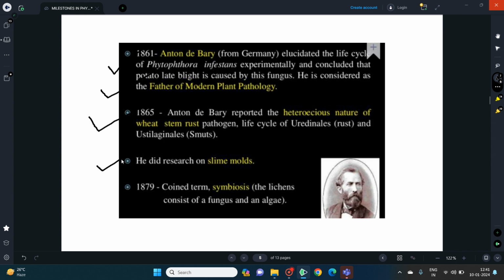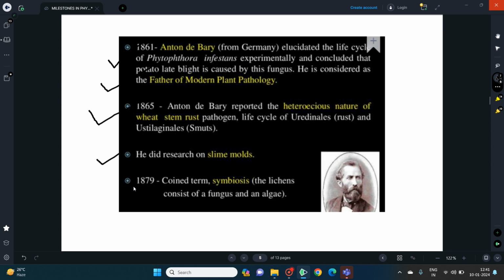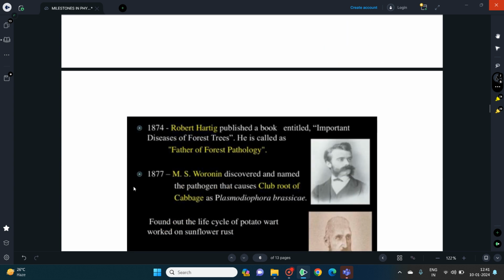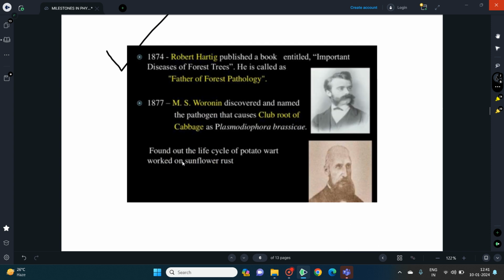In 1879, the term symbiosis was coined by him, for lichens consisting of a fungus and an alga, which is a symbiotic relationship. In 1874, Robert Hartig published a book entitled The Important Diseases of Forest Trees. He is called the father of forest pathology.